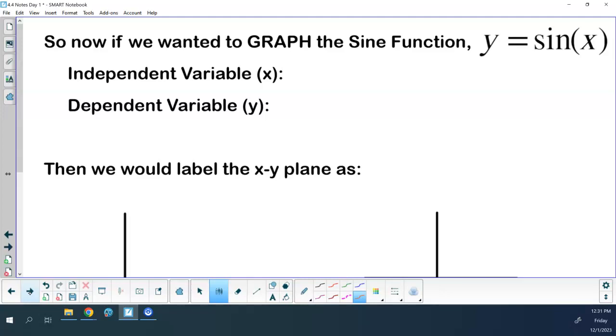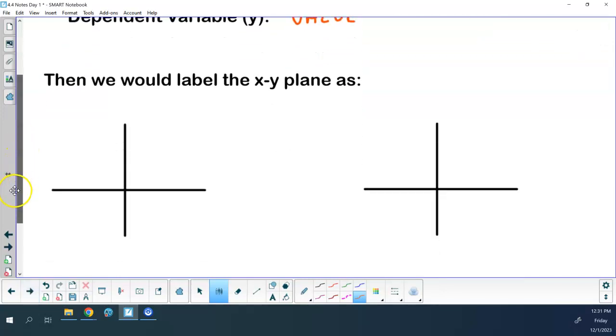So, same here. The independent variable x was the angle. The dependent variable y was the trig value, or the number value that we get out. If I am graphing it on the xy plane, normally this would be x and this would be y. This is the normal plane.